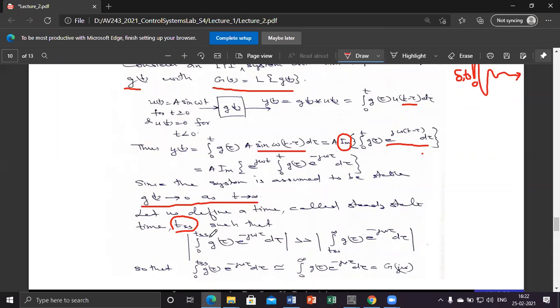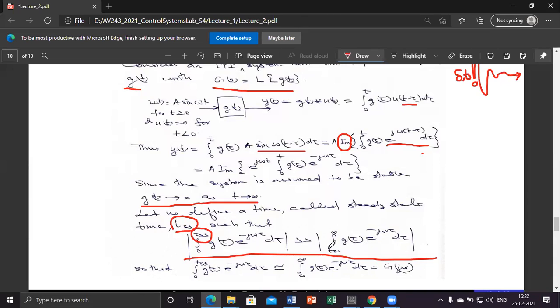So definitely there will be a time T_SS such that beyond that time, the integrated value is almost insignificant compared to the integral up to the time t. There is no problem to assuming this. If you say that it is significant, then we will go to another time. As you increase the value of time, because of the monotonic decrease of the amplitude of g(tau), always you can find a time.